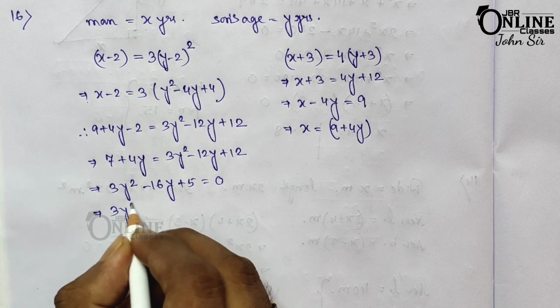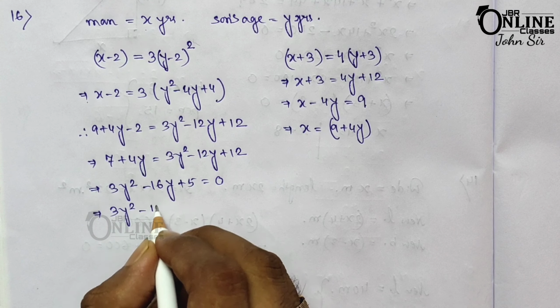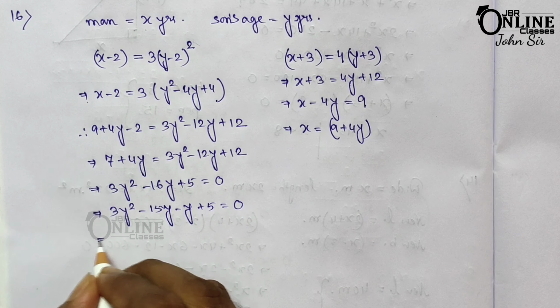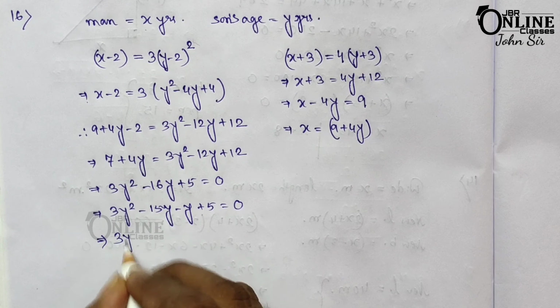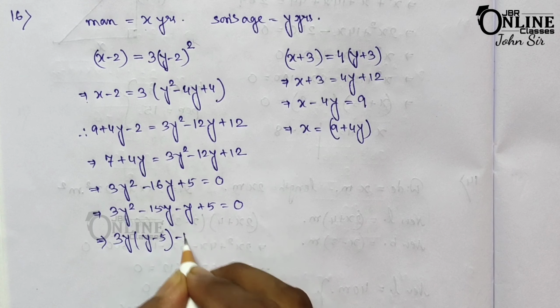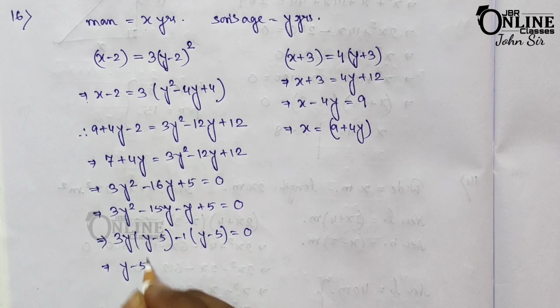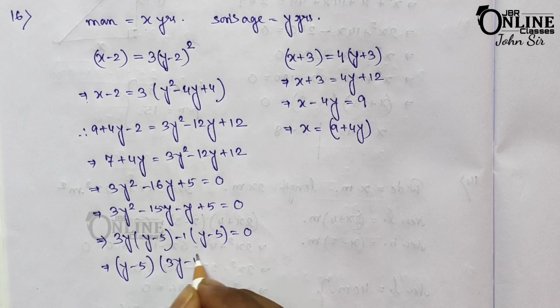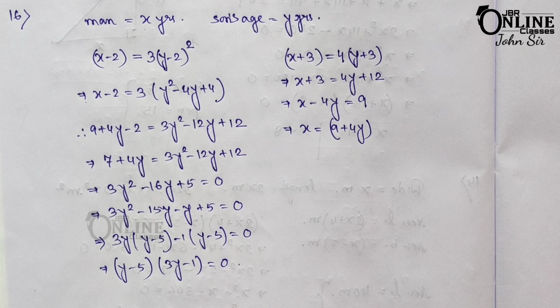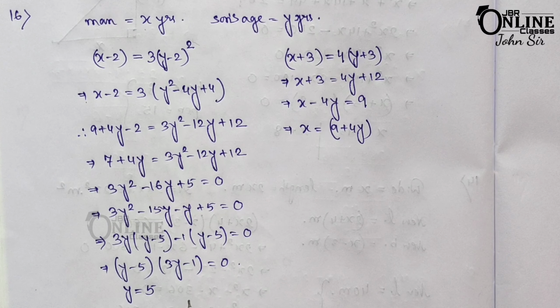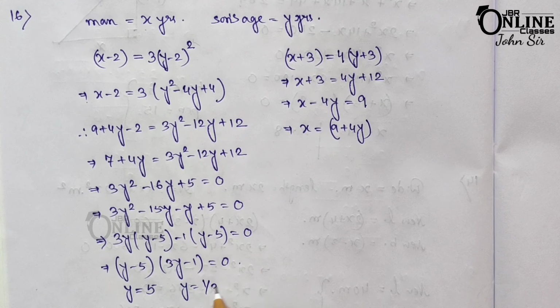By the middle term factorization method, it will be 3y square minus 15y minus y plus 5 equals 0. 3y will be common, so y minus 5, and if minus 1 is common, again y minus 5. So y minus 5 into 3y minus 1 equals 0. From y minus 5 equals 0, y equals 5, and from 3y minus 1 equals 0, y equals 1 by 3.